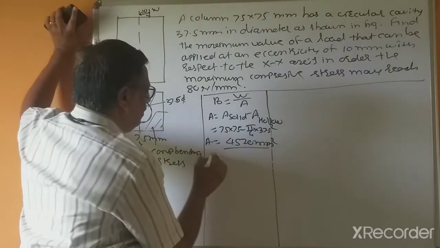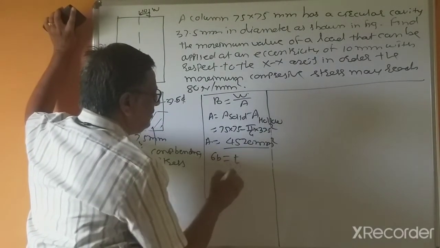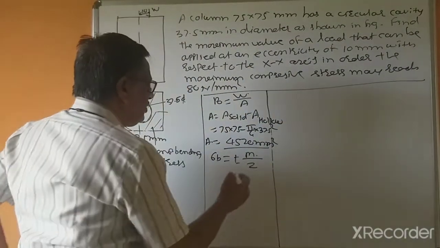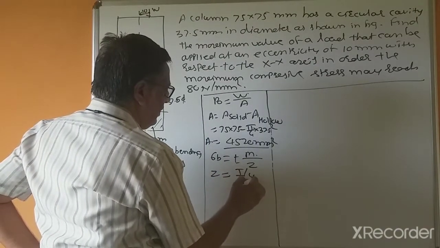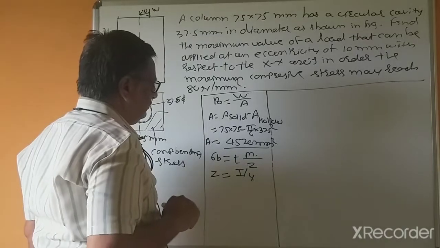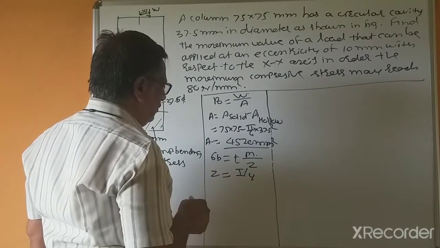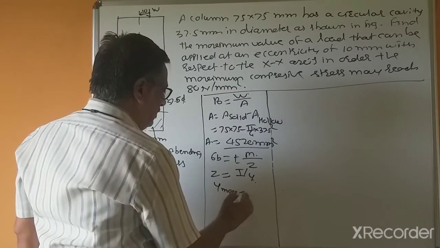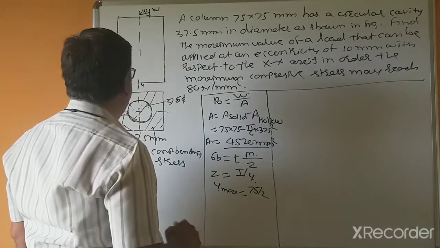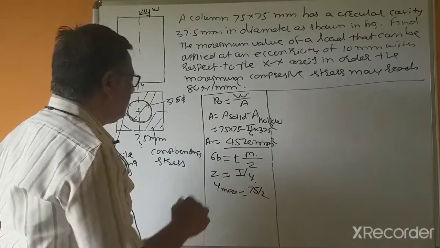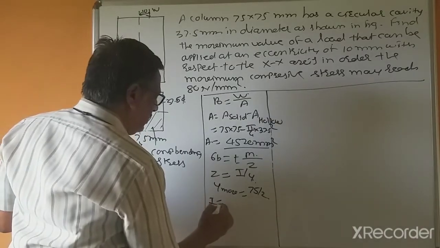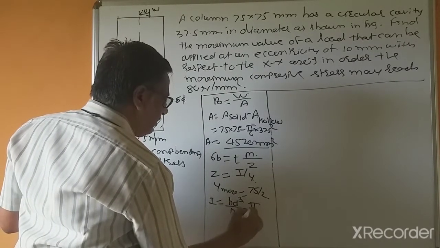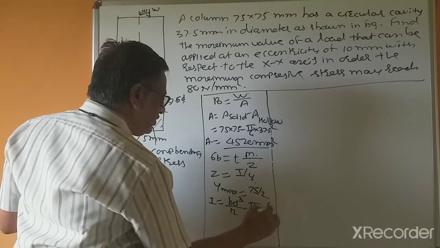Next, sigma b equals plus minus M divided by Z. Now you know section modulus equals I divided by y. y equals 75 divided by 2, because total 75 mm is the rectangular side. I equals BD cubed, basic formula, divided by 12 minus pi by 64 d raised to 4.